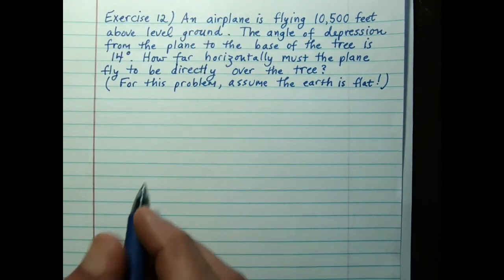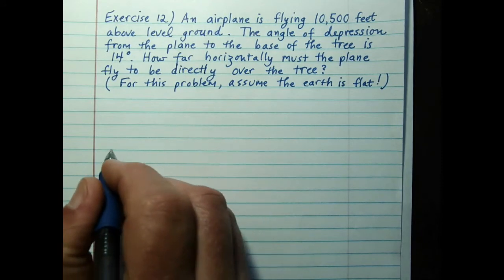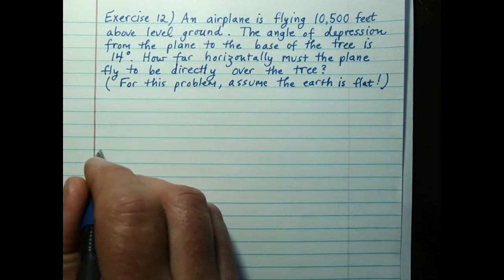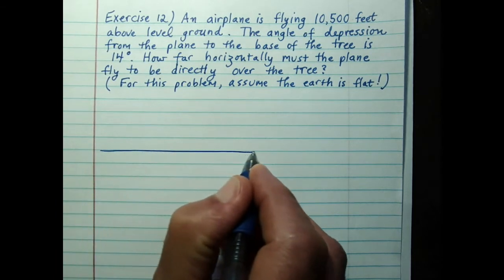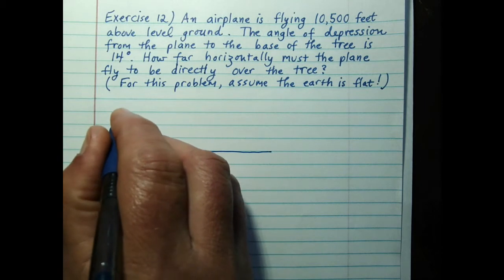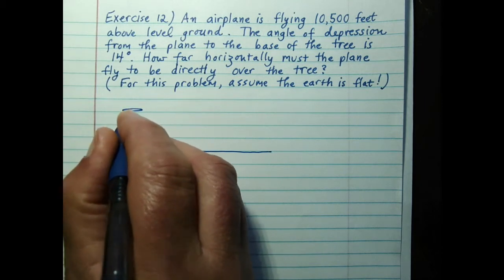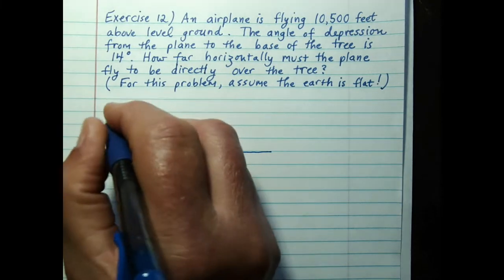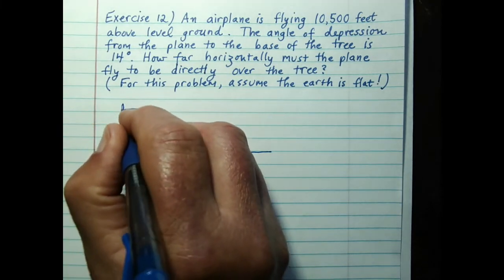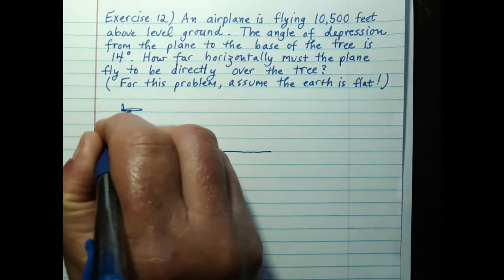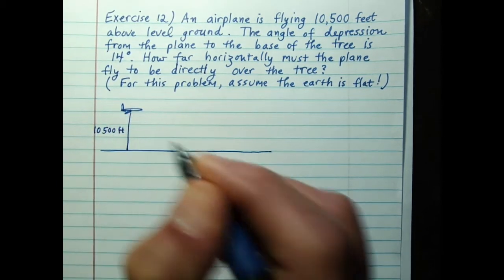So let's see if we can draw a picture to describe this problem. We got the ground here, horizontal. We have this airplane up in the sky, we know it's 10,500 feet high.